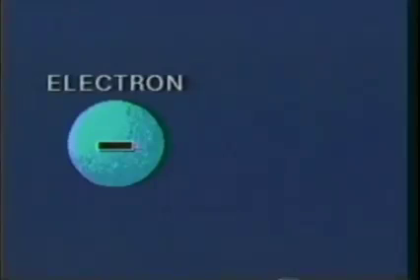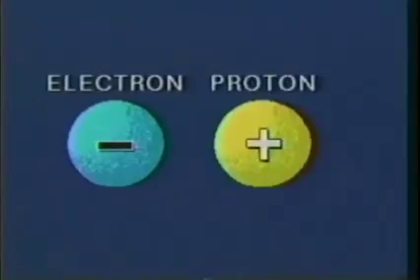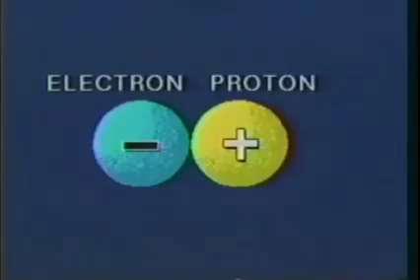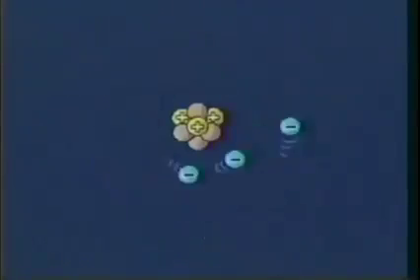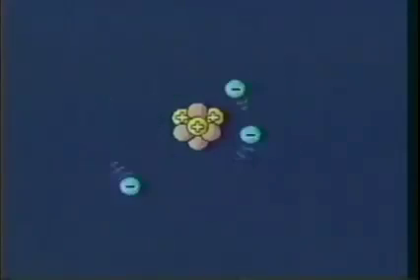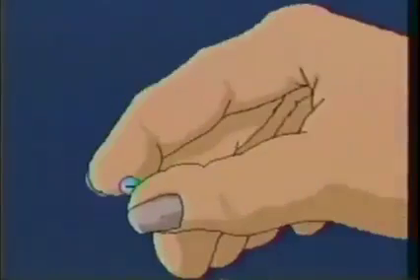But the charge on a single electron exactly balances the positive charge on a proton. Electrons, which are farther away from the nucleus, experience a smaller force of attraction than those which are closer to it. These outer electrons can be removed with relative ease.